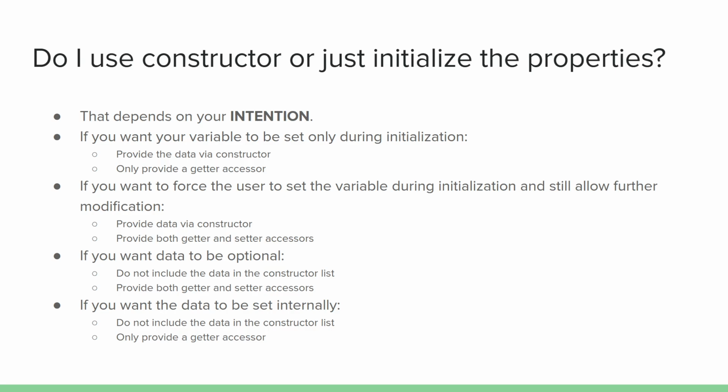If you want data to be optional, you don't need a constructor. You can just leave it blank. But how will they be able to access these members? How do you set them? Then you must have the getters and setters.